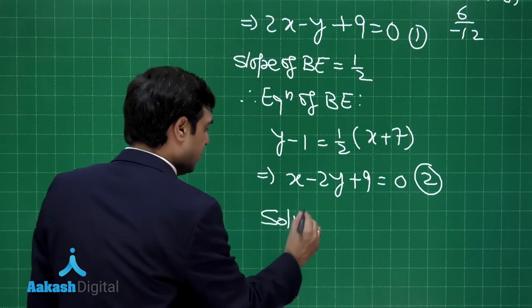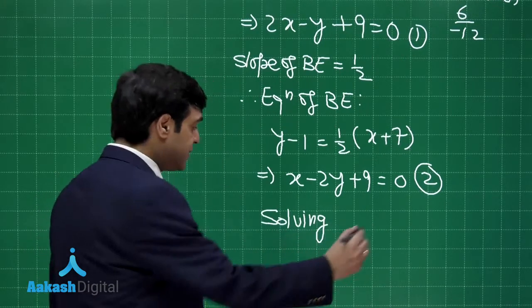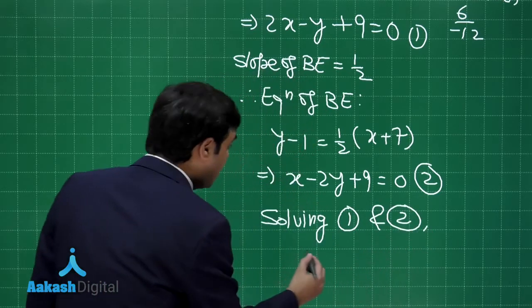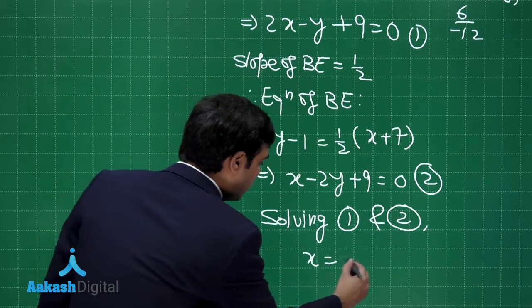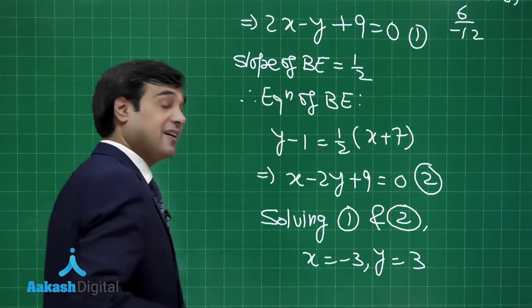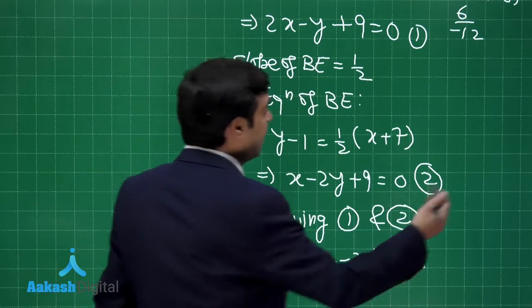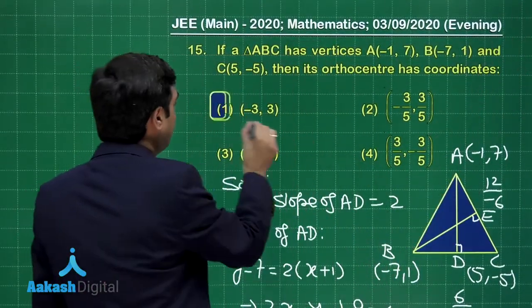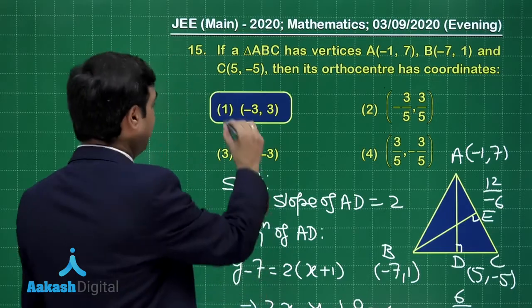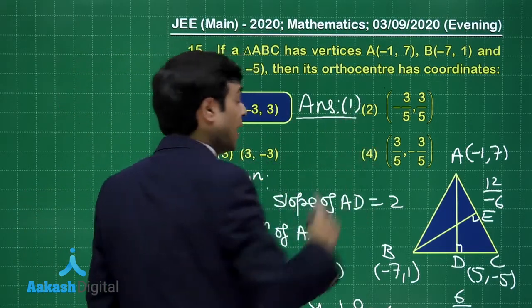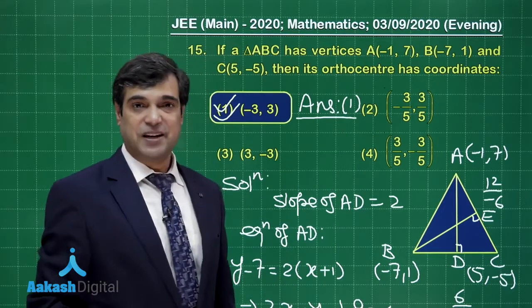Solve 1 and 2 so that you can get the point of intersection of two altitudes, that is orthocenter. Solving, you get x is equal to minus 3, y is equal to 3. So yes, the correct answer is minus 3, 3. Time to check from the given options. Minus 3, 3 is given here as option number 1. So this is the required result. I'm sure this question is clear. Let's take up the next question.